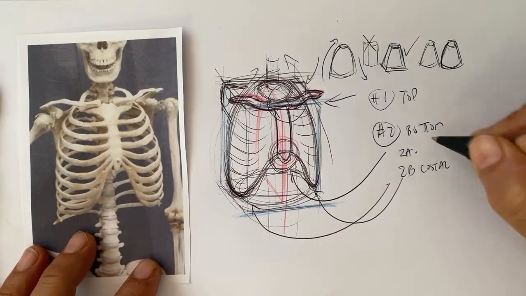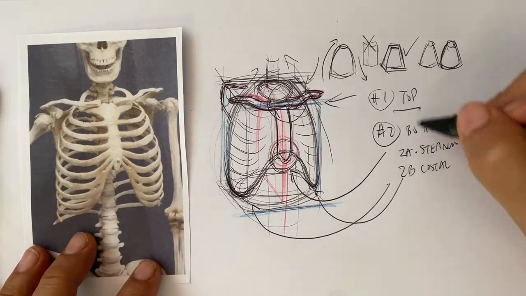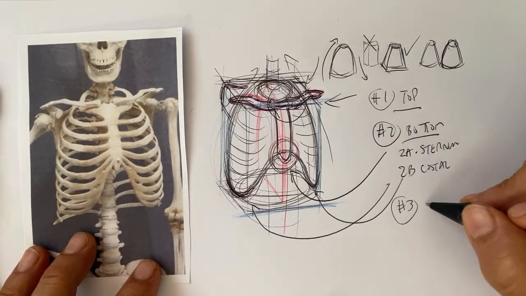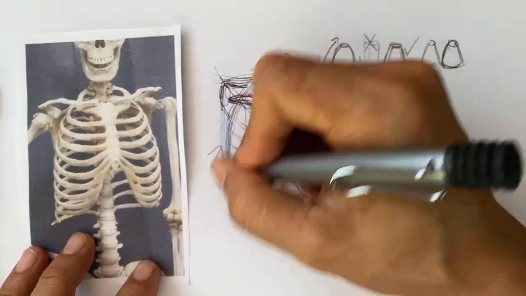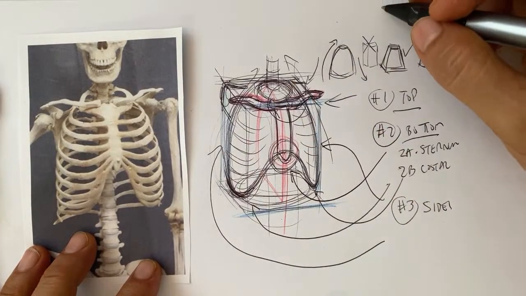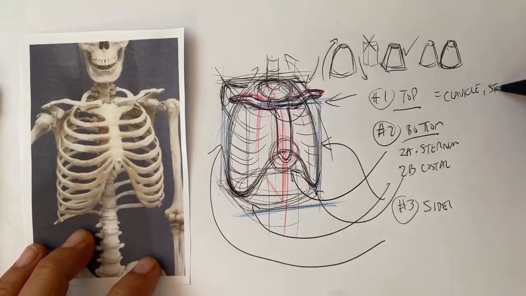Costal, sternum, the two sides. So these are the actual ribs themselves. Oh, the top equals clavicle and sternum.